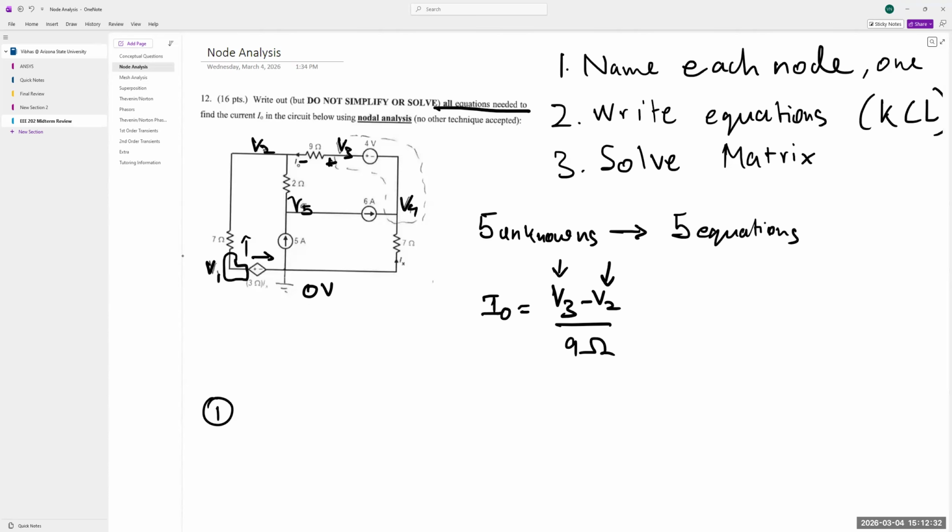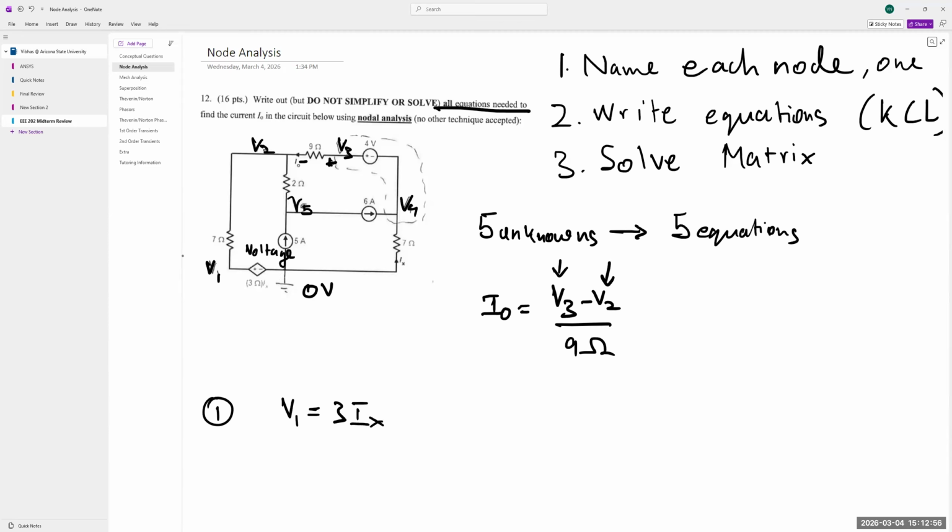We don't know what the current going to the right is just yet, nor do we know the current going up. So in this case, actually, we are not going to use KCL. We're just going to use this source over here because it's a voltage source. It's telling us what V1 is already. So V1 is equal to 3Ix.